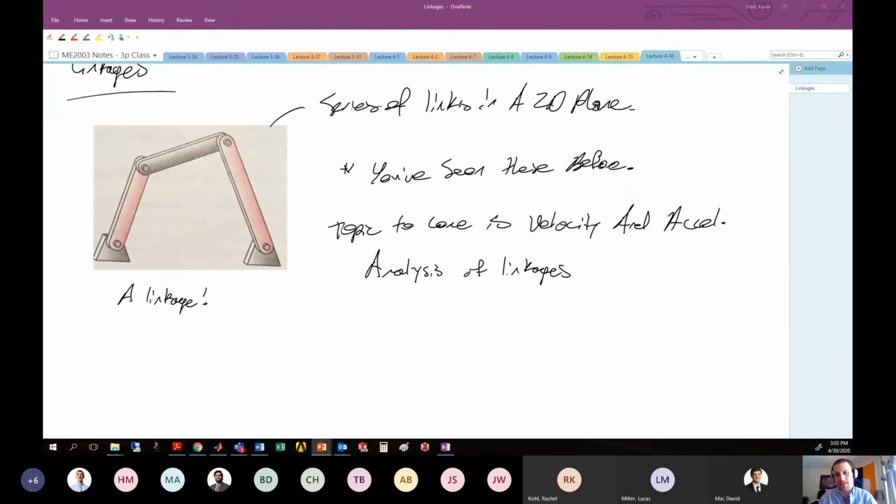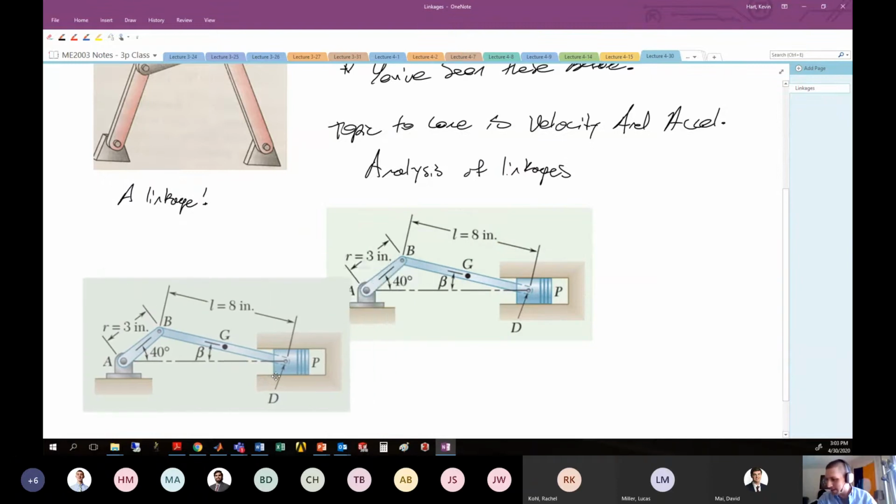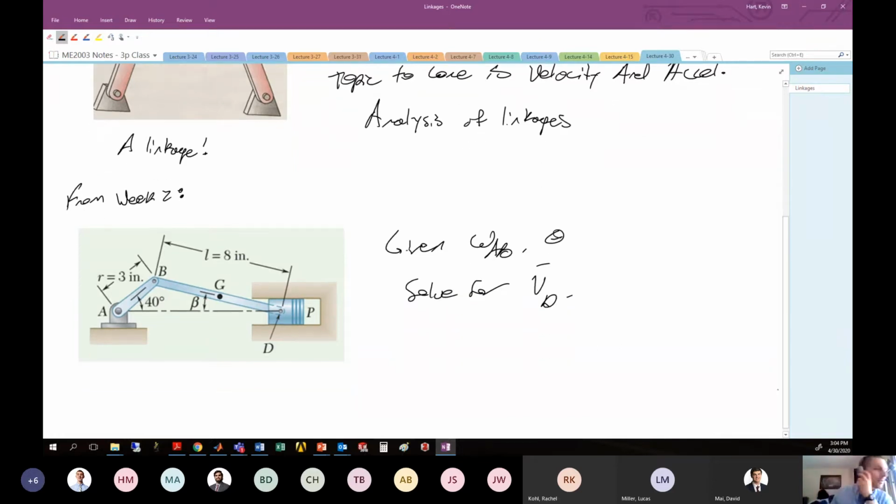If you remember back in real week number 2, not quarantine week, we had this example problem. We had this general problem where we were given omega AB, theta, and told to solve for the velocity of point D. And this is something that we worked through.